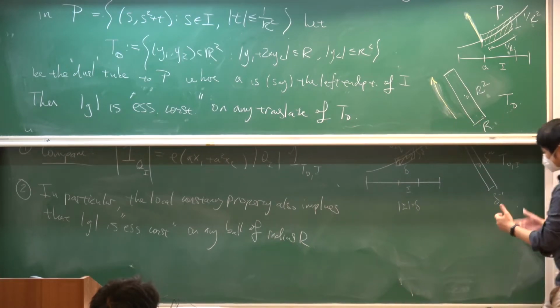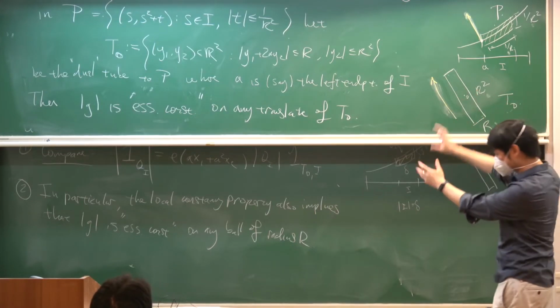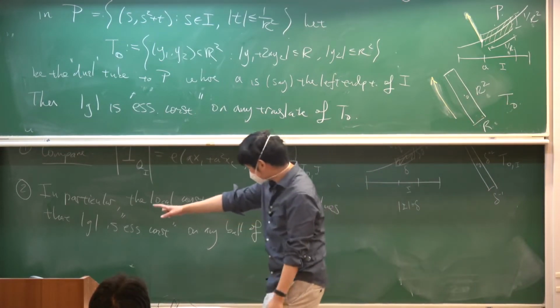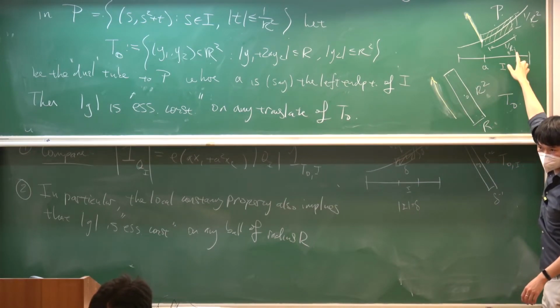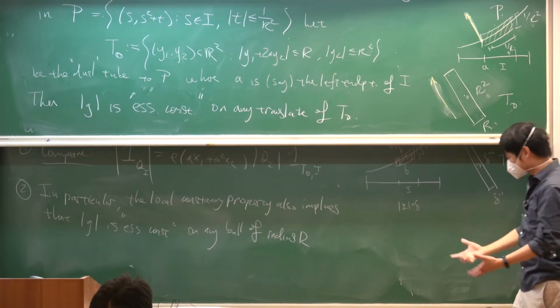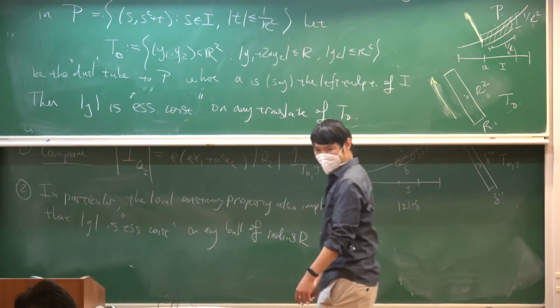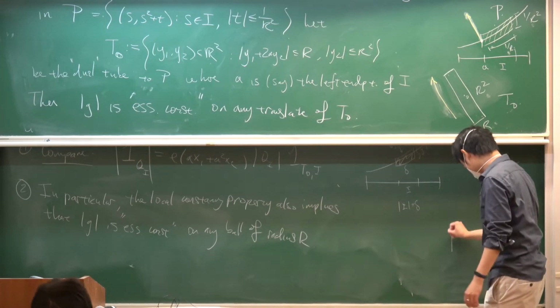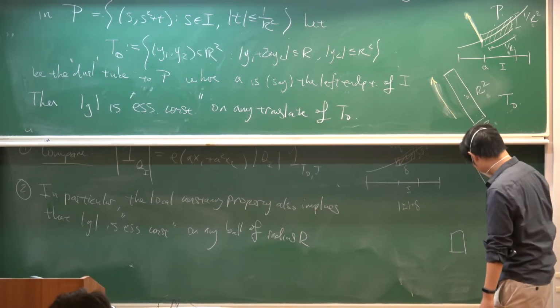So why? Given this local constancy property, if I study absolute G, and G is Fourier supported in this 1 over r by 1 over r squared neighborhood of the parabola, why is absolute G essentially constant on any ball of radius r? Well, let's take a ball of radius r.